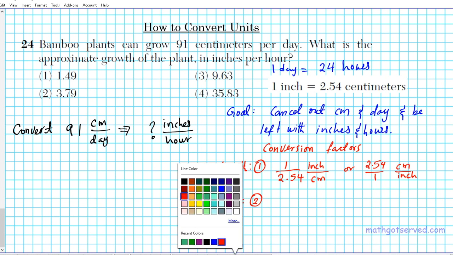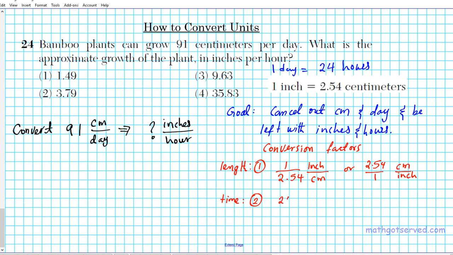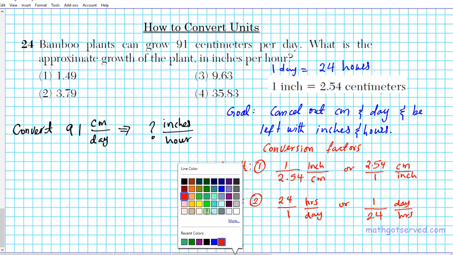For time conversion factors, when going from day to hours or hours to day, either you work with 24 hours per day, or you multiply by 1 over 24, 1 day per 24 hours. We're going to pick one from the top and one from the bottom in order to convert 91 centimeters per day into inches per hour.